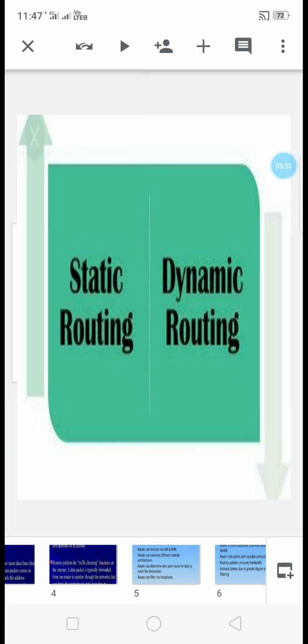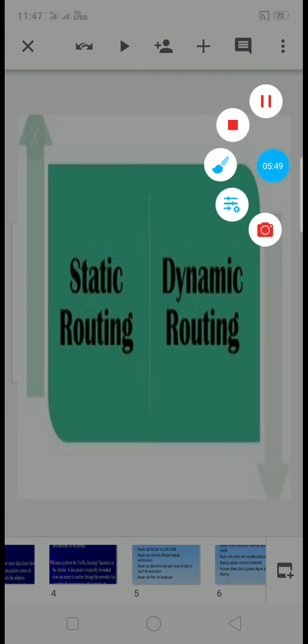The administrator should have good knowledge of the topology. If a new administrator comes, then he has to manually add each route, so he should have a very good knowledge of the routes of the topology.